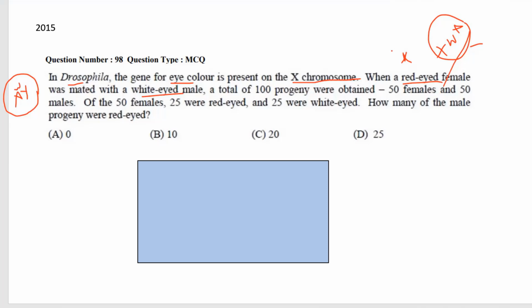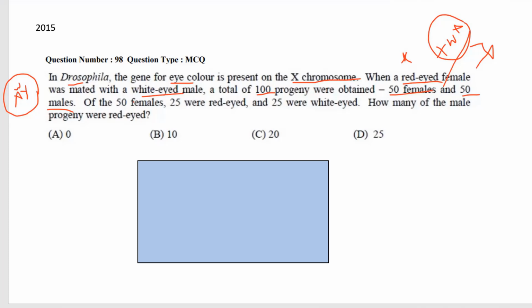Then we have a red-eyed female, so it will be X, but what is the gene type? We do not know. It is mated with a white-eyed male, so its genotype will be X^w Y. A total of 100 progeny is obtained, in which 50 are male and 50 are female. Okay, half.